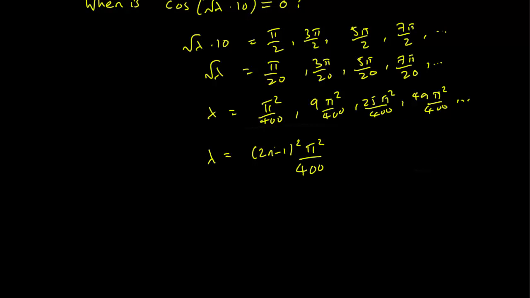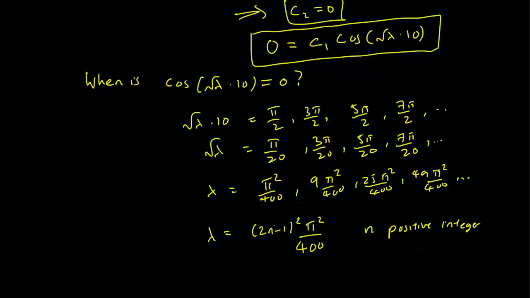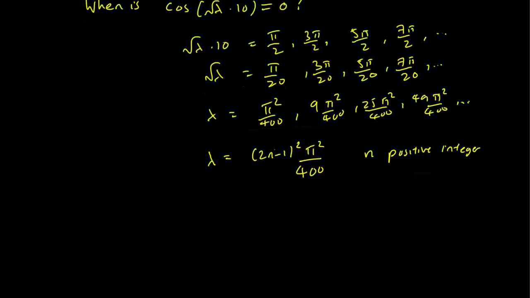So you see that lambda is just the odd squares times pi squared over 400: 1, 9, 25, 49, these are all odd squares, for n a positive integer. For these values, the cosine is going to be 0, and therefore c1 can be anything. So these are going to be the eigenvalues.